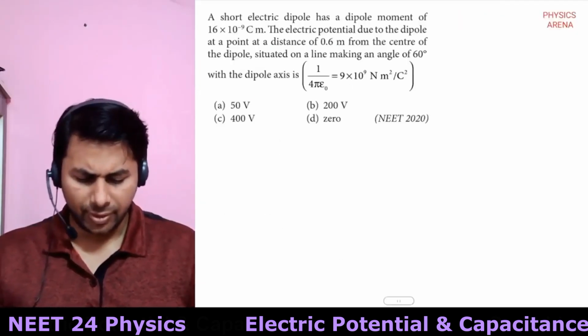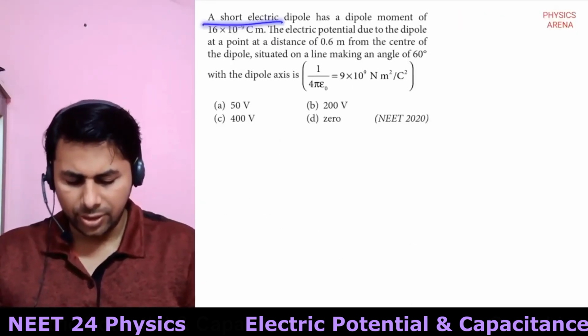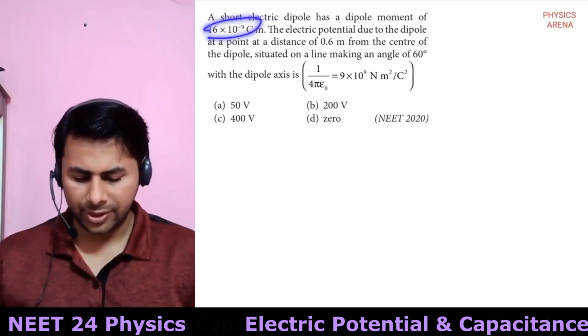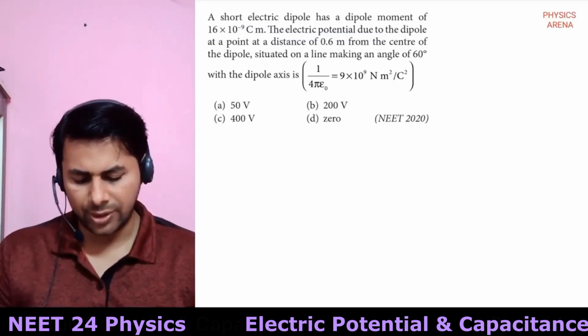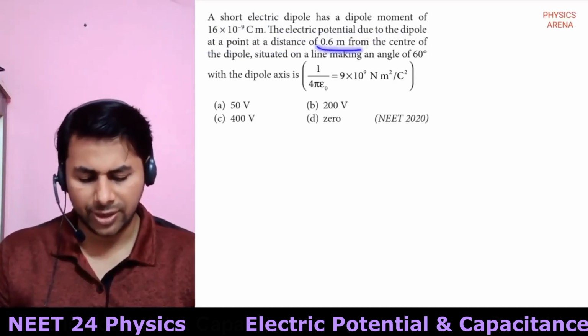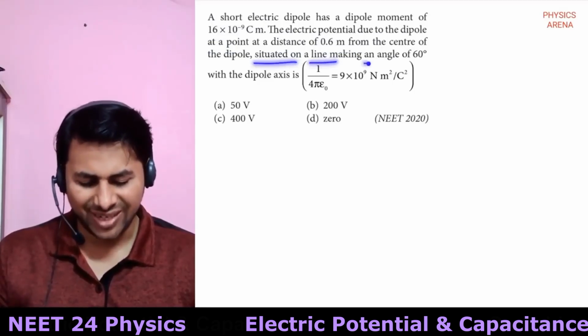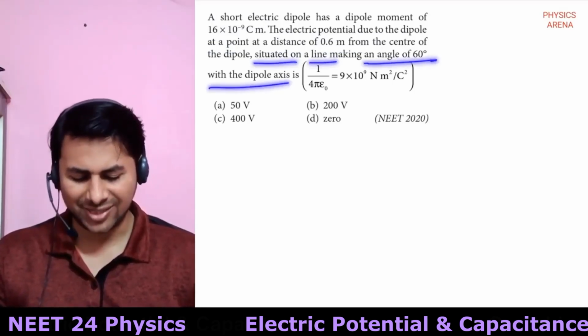All right, good. Next one, a short electric dipole has dipole moment of this thing. The electric potential due to the dipole at a point at distance 0.6 meter from the center of the dipole, situated on a line making an angle 60 degree with the dipole axis, is.